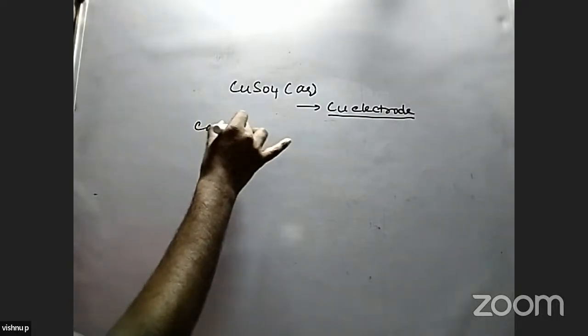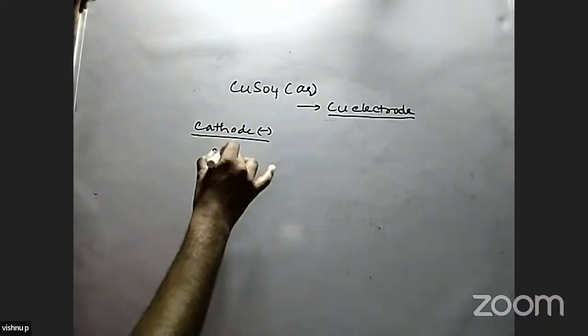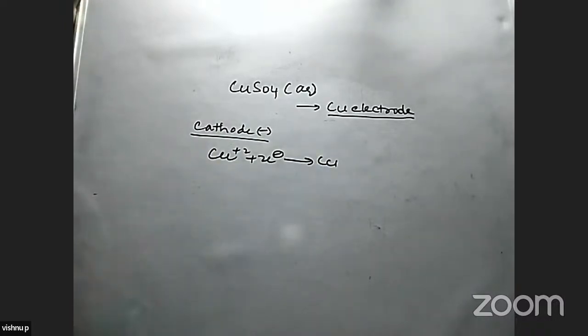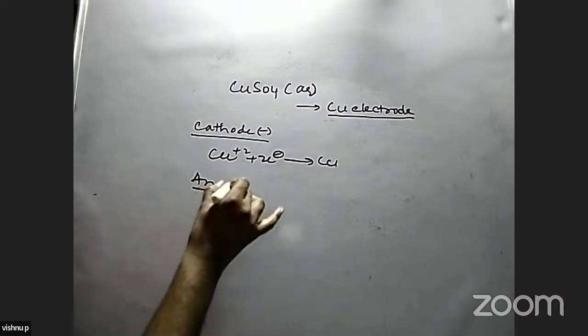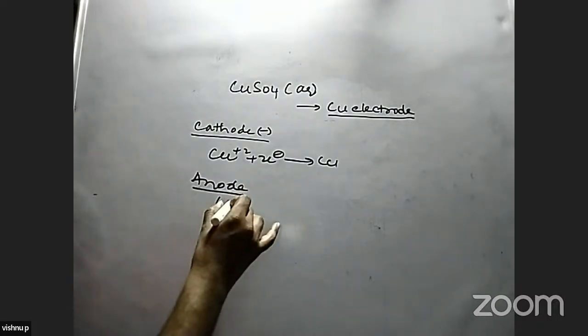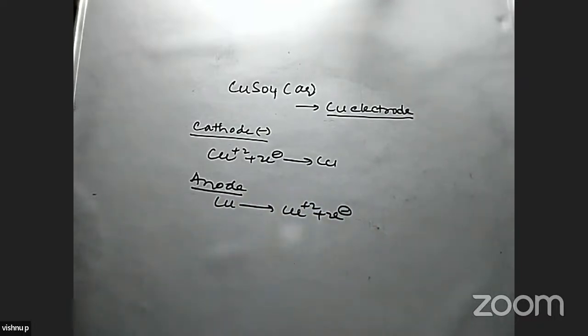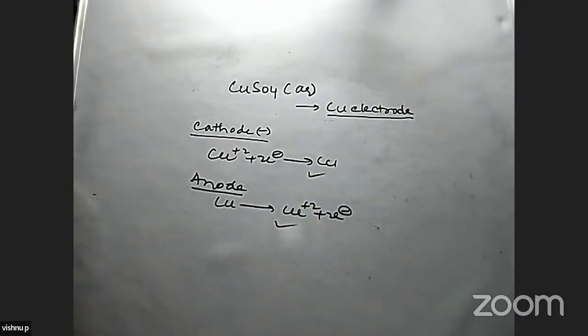At the cathode, only copper accepts electrons and is deposited as Cu. Again, at the anode, the copper rod is the electrode, and copper shows more tendency to lose electrons. So at the cathode and anode, only copper is evolved when we use copper electrodes. So when we use an active electrode, that metal only is evolved.